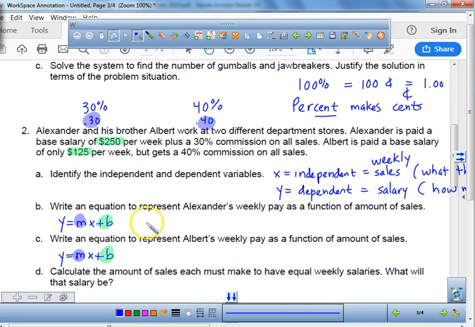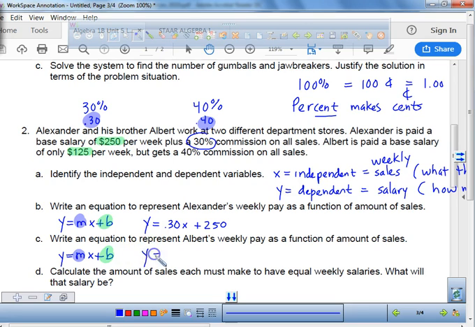So here's what we're going to do. Write that. Y equals. Alexander gets what percentage? He gets 30%. So I'm going to put 0.30x plus a base salary of $250.